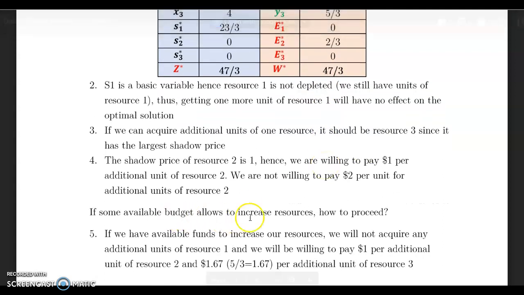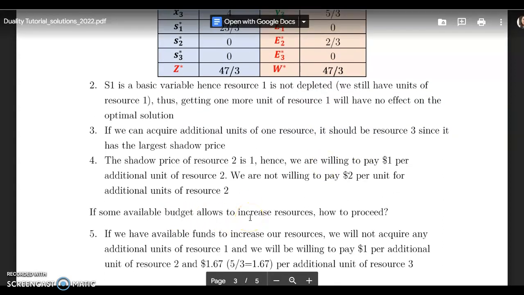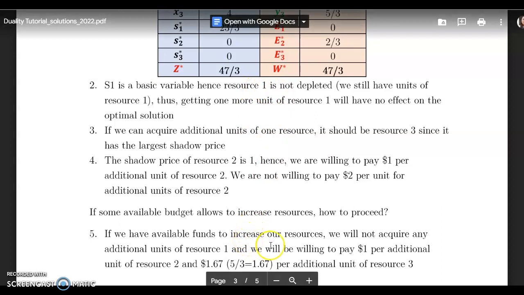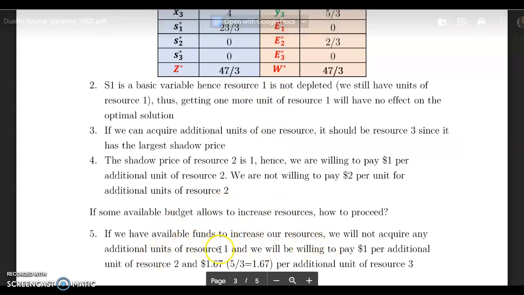We will not acquire any additional units of resource 1, as it is not depleted. We will be willing to pay $1 per additional unit of resource 2 and 1.67, that is $5/3, per additional unit of resource 3.